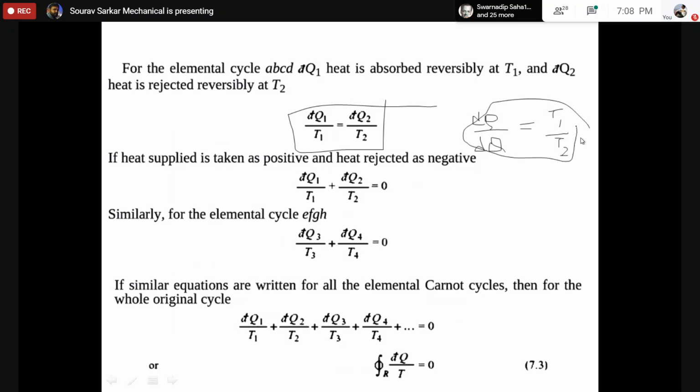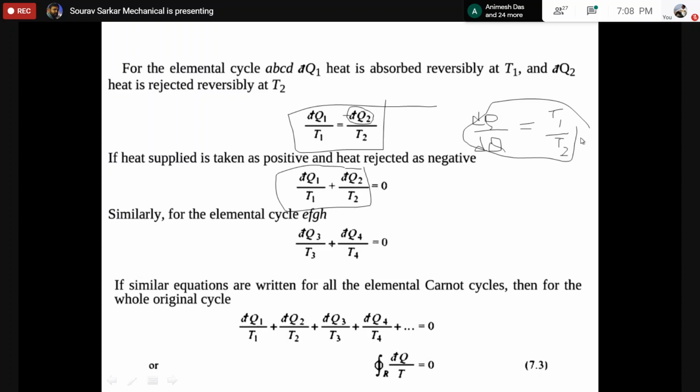So I can write down for every cycle, this equals this. For every small Carnot cycle. Now, if this is Q rejection, I consider this as negative, and if I take it to the other side, it will be positive.